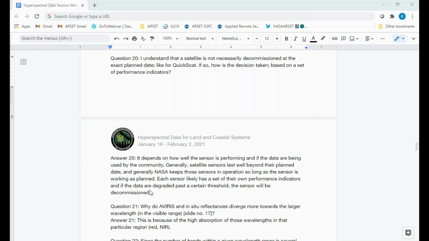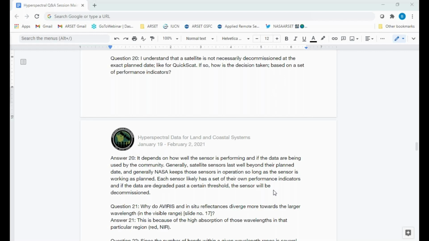Generally, satellite sensors last well beyond their planned date, and generally NASA keeps those sensors in operation for as long as the sensor is working. Each sensor likely has a set of its own performance indicators, and if the data are degraded past a certain threshold, then the sensor is eventually decommissioned.